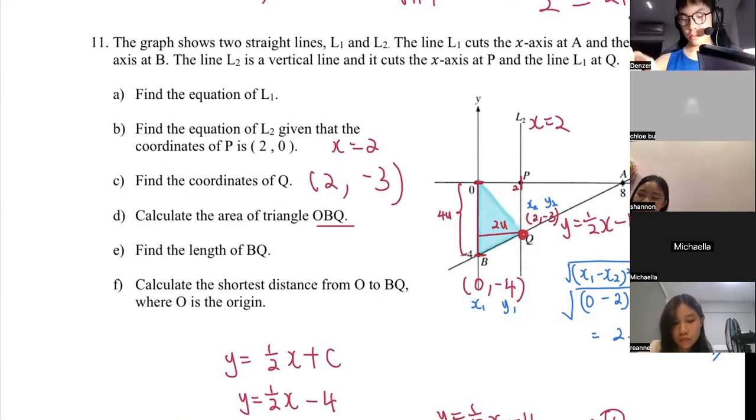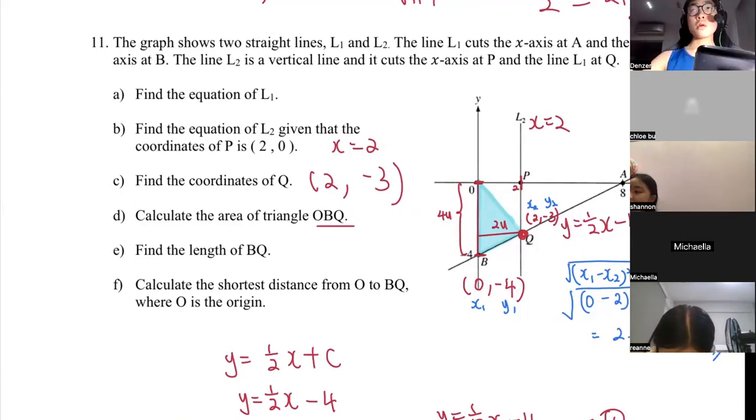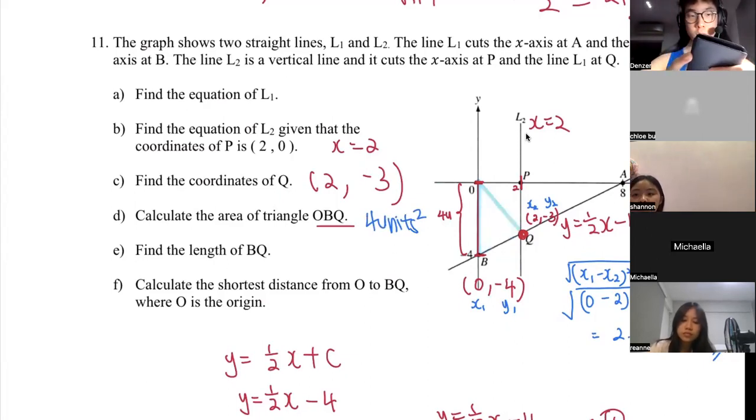Okay, last one. They want us to calculate the shortest distance from O to BQ. I've already found that the area was 4 units squared. To find this area, if I want BQ as my base, where is my height? It's a perpendicular line down, isn't it?